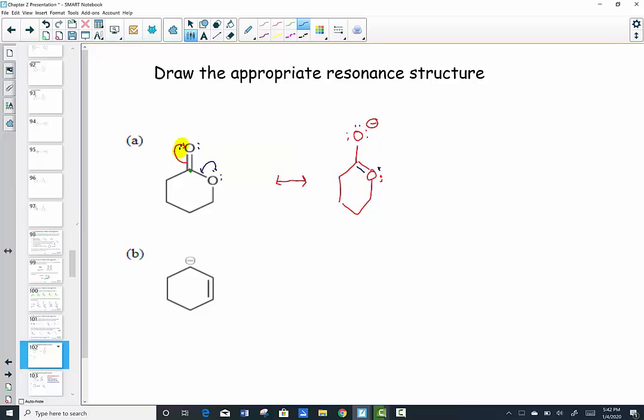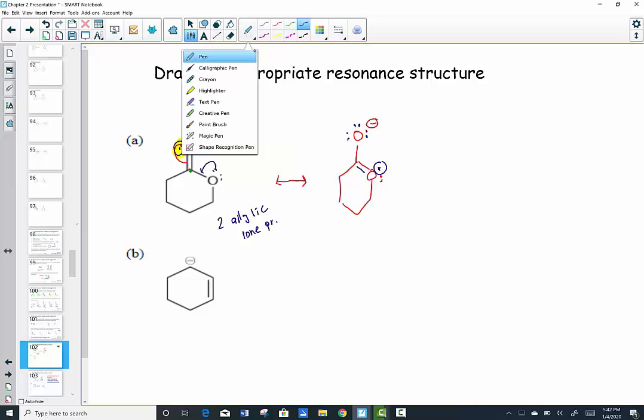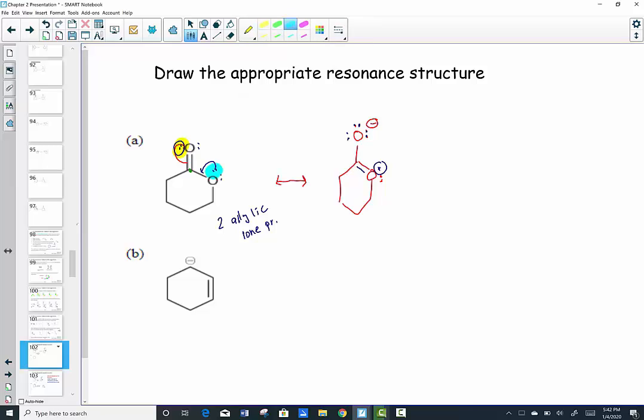And now you have a positive formal charge. So two arrows, because there are two allylic lone pair electrons. Here's a set, and then the second that meets the same criteria would be here.